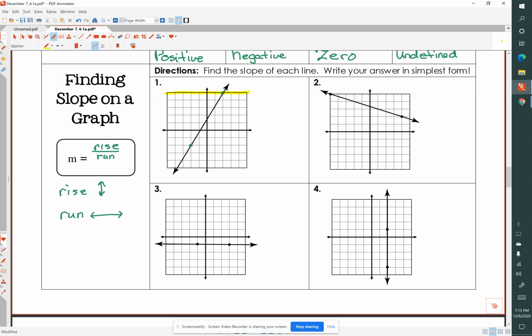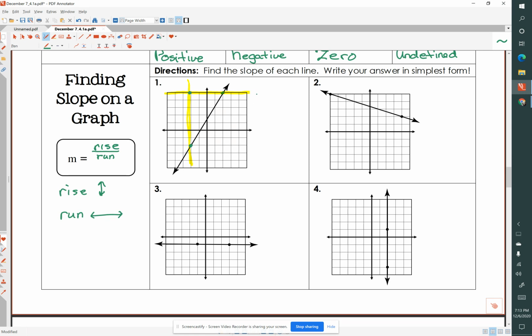In other words, if I draw this yellow highlighted line from each one of those 2 points, we see that that line overlaps at a point right here. So we're going to count from the point given in the graph up to this point, and that would be our rise.